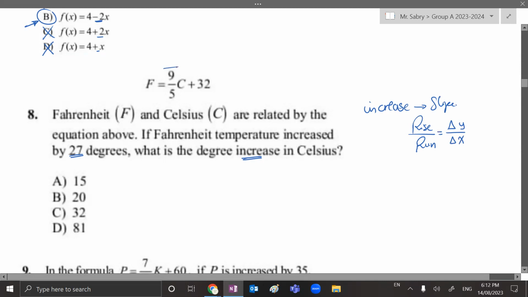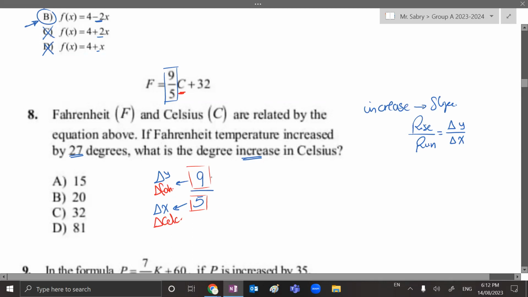So السلوب بتاع الإيكويشن دي دلوقتي حالا اللي هو 9 over 5 ده already بيرِبريزنت التشينج in y، وده already بيرِبريزنت التشينج in x. الإكس هنا عندي هي الـ C، يبقى هنا ده التشينج in Celsius وهنا ده التشينج in Fahrenheit، صح? So what does that برضو mean? It means إن كل ما الـ x تزيد 5 الـ y بتزيد 9. With every 5 increase on the x, the y increases by 9.